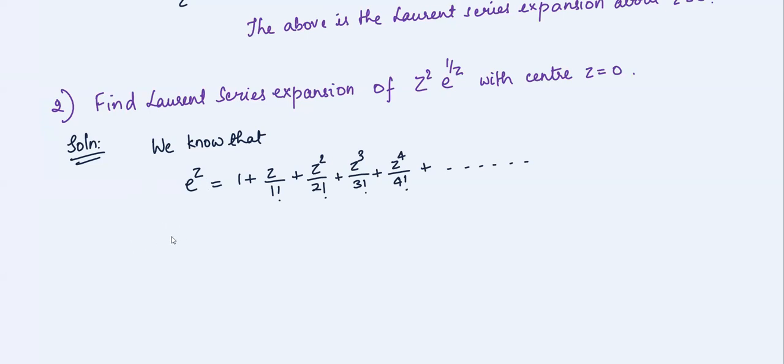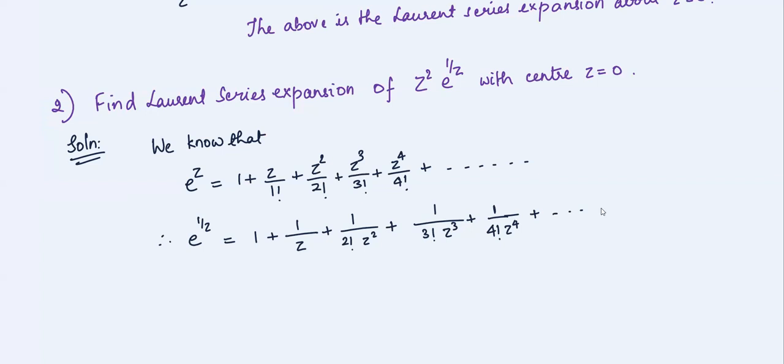Now, therefore, for e power 1 by z, replace z by 1 by z here: 1 plus 1 by z plus 1 by 2 factorial z square plus 1 upon 3 factorial z cube plus 1 upon 4 factorial z power 4, and so on.